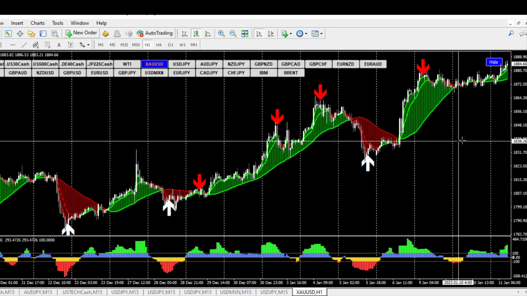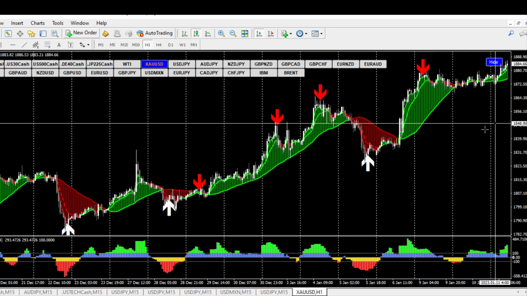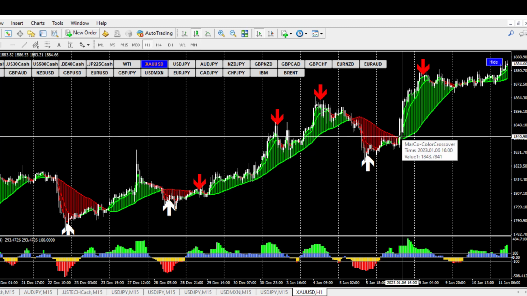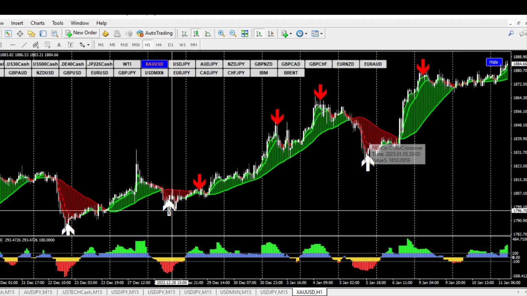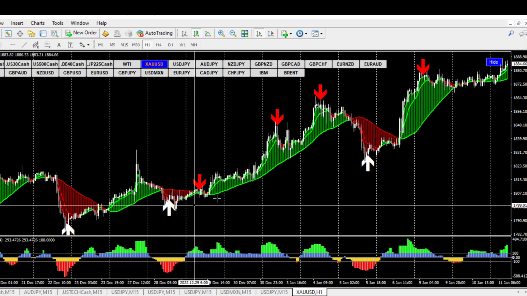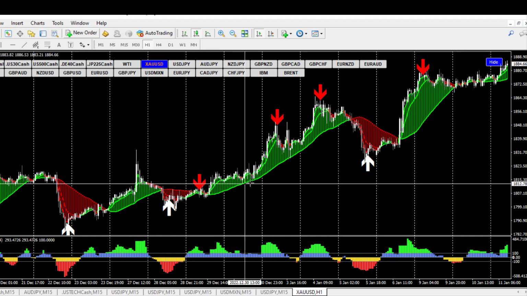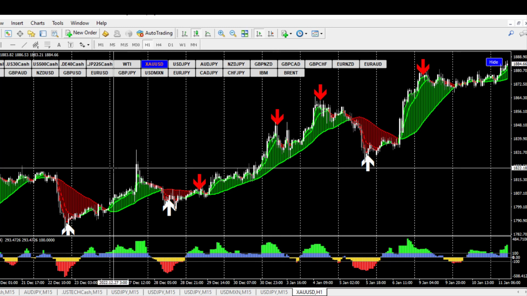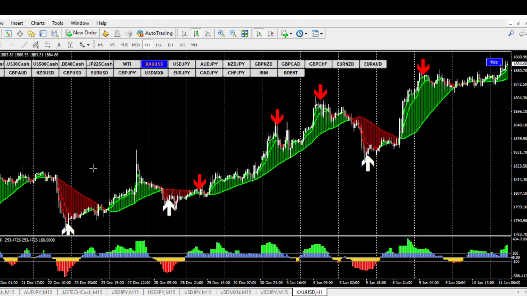So at this point you can place your trade for a buy. You can place your trade, and this is how this works. You see another buy here, and you can do that. This sell is invalid, the other indicator did not agree, this arrow is invalid also. So this is how to use this particular strategy.